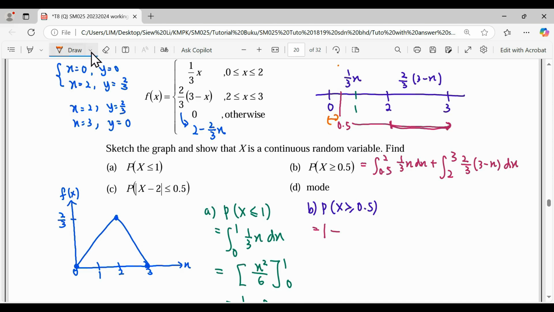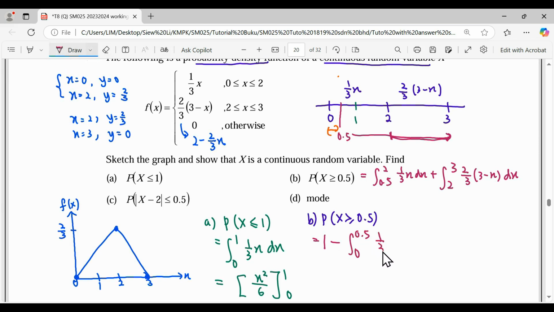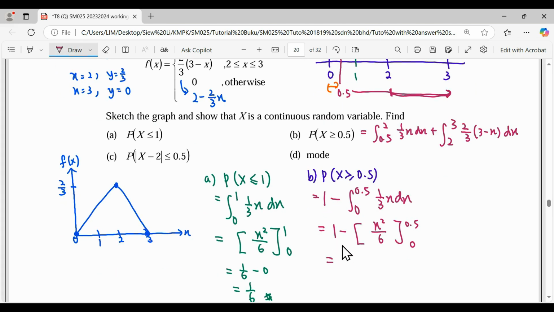So therefore, I can take the overall probability, which is 1, and then I minus out the region that we don't want, which is integrate from 0 until 0.5 for the respective function, 1 over 3 x. So power plus 1 over new power, substitute 0.5, then minus lower limit 0.